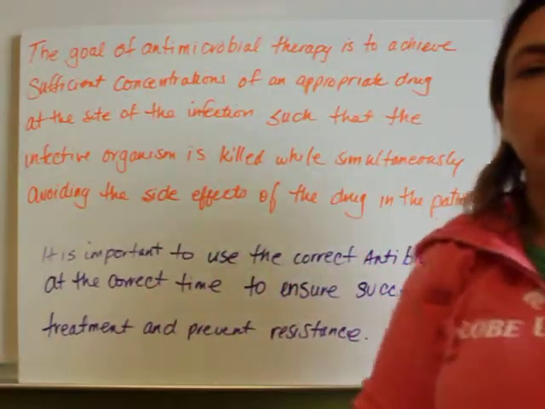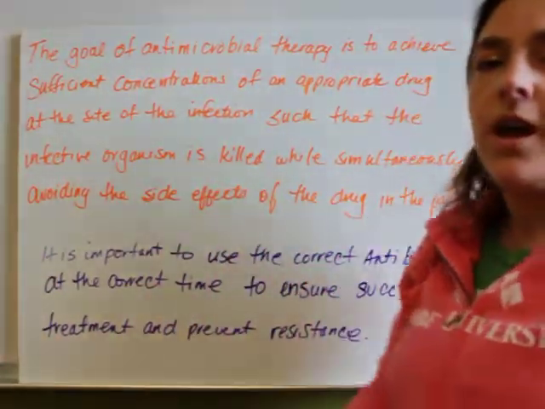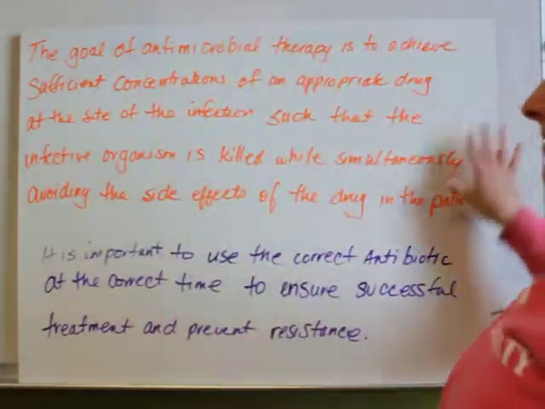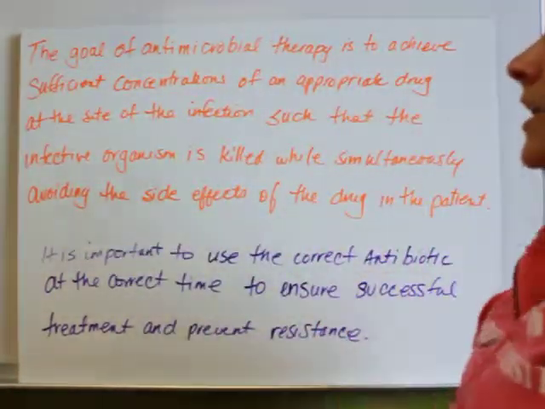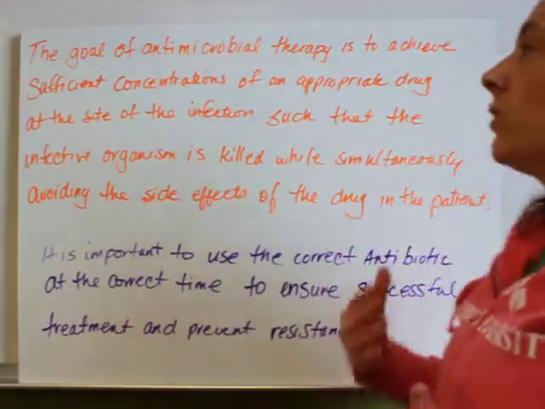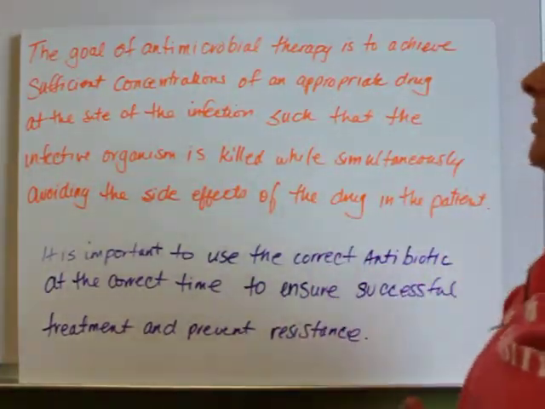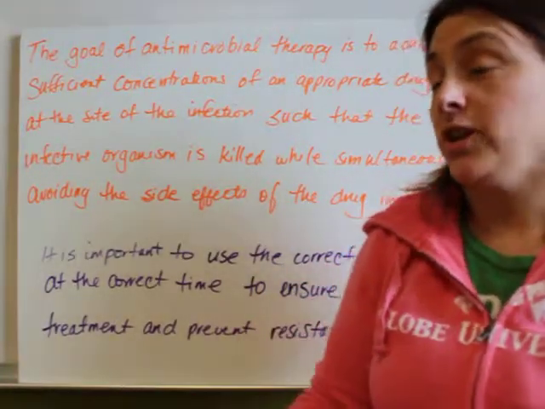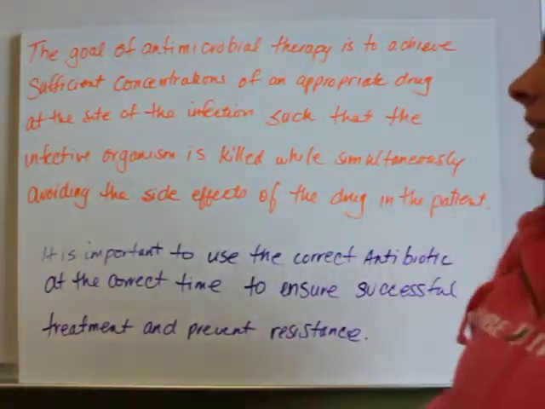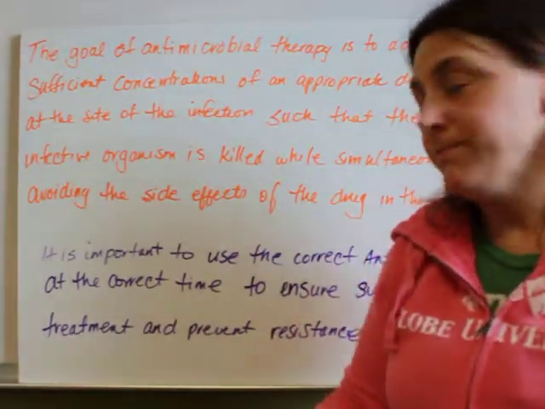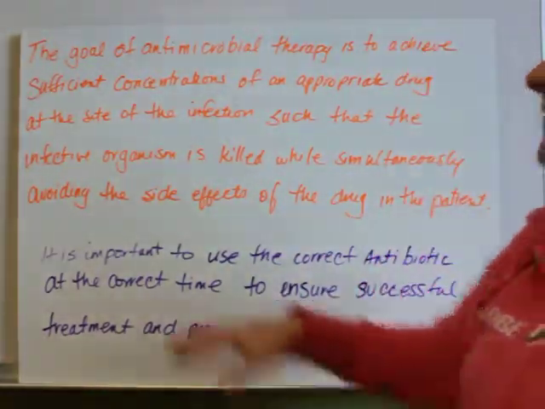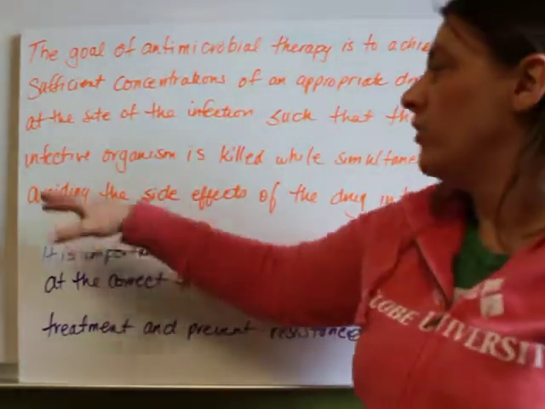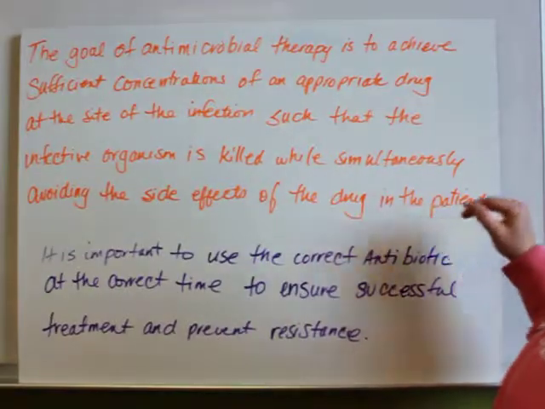So let's talk about why we use antimicrobials. You should remember this quote, okay? This definition: the goal of antimicrobial therapy is to achieve sufficient concentration of an appropriate drug at the site of the infection, such that the infective organism is killed while simultaneously avoiding the side effects of the drug in the patient.